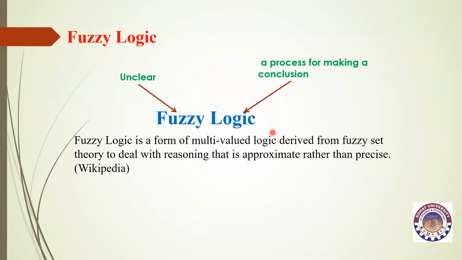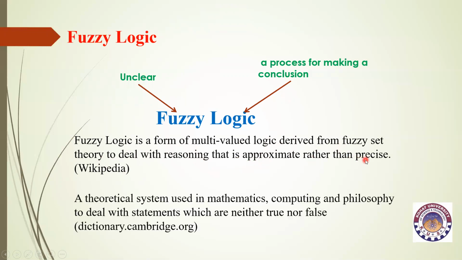According to Wikipedia, fuzzy logic is a form of multi-valued logic derived from fuzzy set theory to deal with reasoning that is approximate rather than precise. Cambridge Dictionary defines fuzzy as a theoretical system used in mathematics, computing, and philosophy to deal with statements which are neither true nor false.